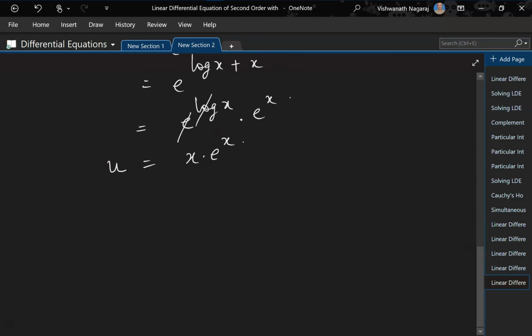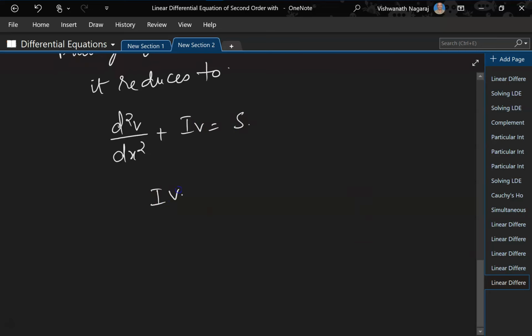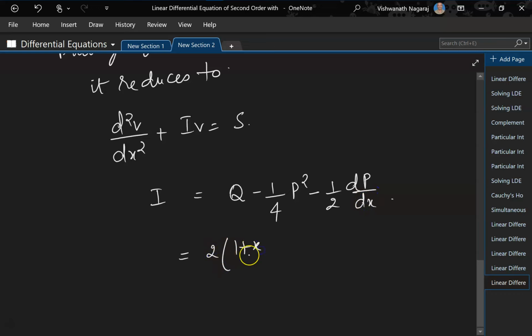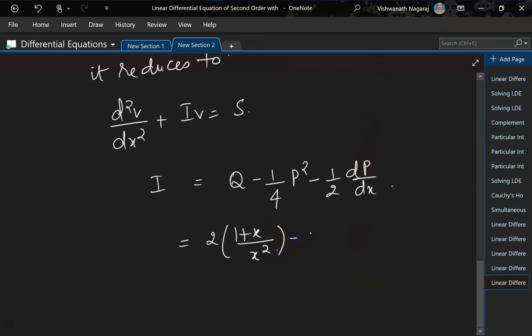That is u. Now putting y is equal to uv in the equation, it reduces to d square v by dx square plus Iv is equal to S. Let's take care of v later, but I is equal to q minus 1 by 4 p square minus 1 by 2 dp by dx, where q is 2 times (1 plus x) by x square, minus 1 by 4 times p square.